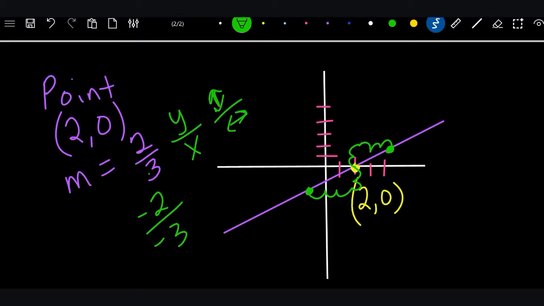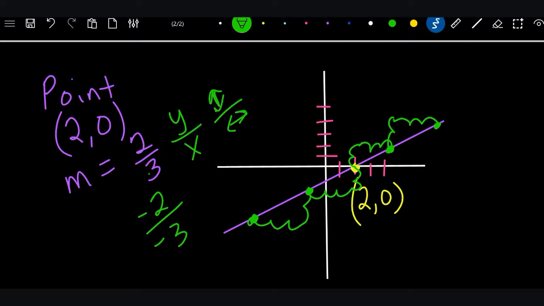I'll do it again right over here. I'm going to go up 2, 1, 2, and then I'm going to go over 3, 1, 2, 3, and then boom, there I am on my line again. I'll do it right here. I'll go down 2, 1, 2, over 3, 1, 2, 3, and there I am right back on my line again. So every time I keep doing that, up 2 or down 2 and over 3, I continue to be on my line.